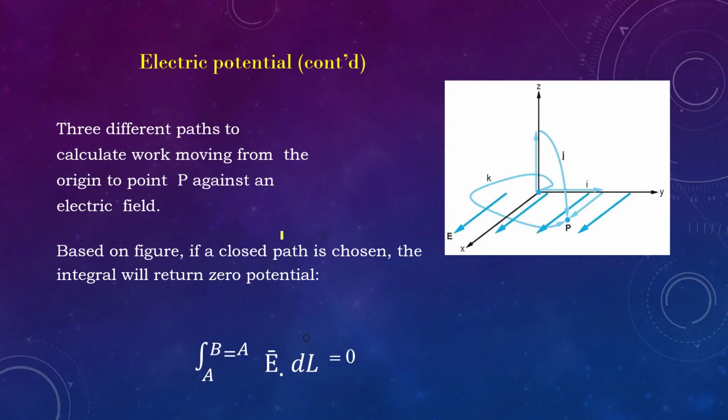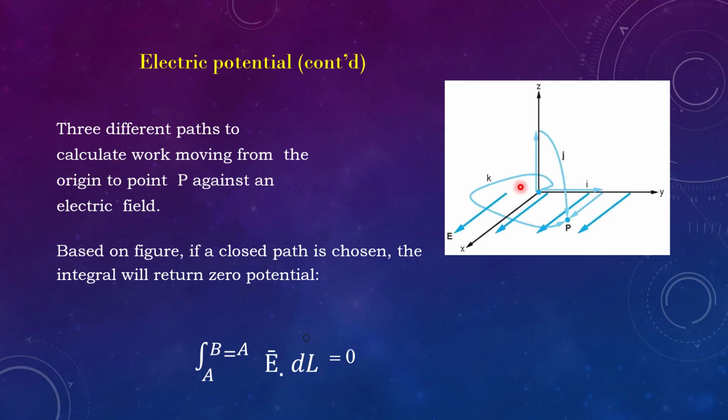Also, one more important theorem we are going to use in Maxwell's equations is shown here. Here P is a point and they have shown three different paths: one is K, which goes to P, one is I, which goes to P, and one goes from the origin up in the upward direction and then down, and that path is J. So three different paths are given to calculate the work done.